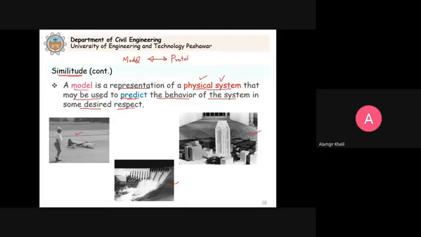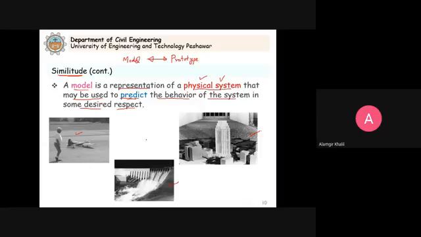In our case, in civil engineering, or you can say fluid mechanics or hydraulic engineering in general, the models are smaller than the prototype. For example, a model of a dam should generally be smaller. Similarly, the spillway or the river model should be smaller. You can see here the building model shown is smaller.